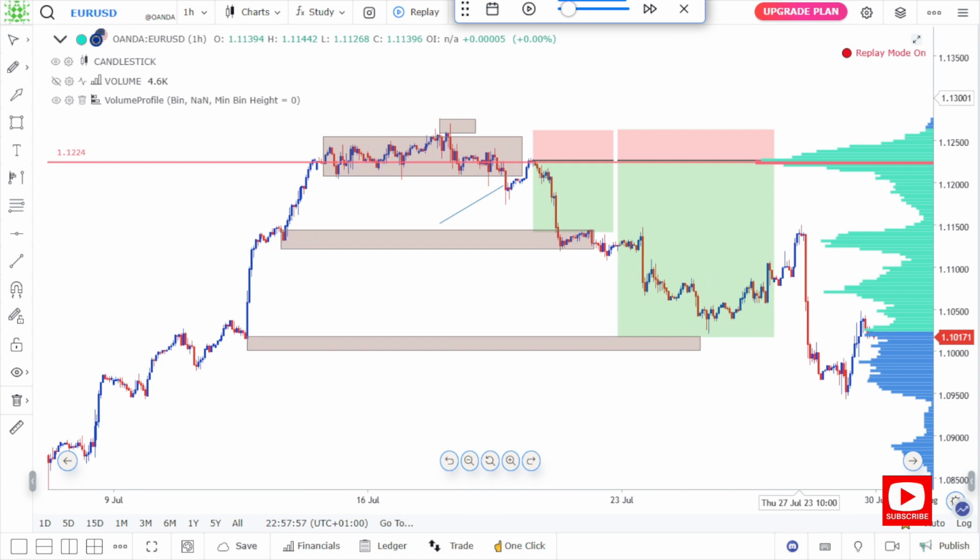Now, once all these conditions are met, we are good to place our trade and have no fear and watch how this strategy is going to predict the trend reversal in the market without lagging. Now, with that said, let's move to number 4.